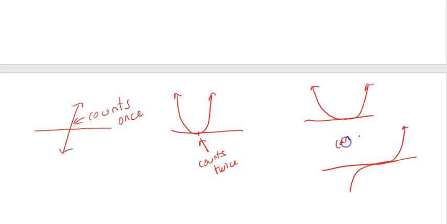So I'm just going to put they can count more times, but if it's an even multiplicity, it will bounce off. If it's an odd multiplicity, it will still go through, they just get flat.